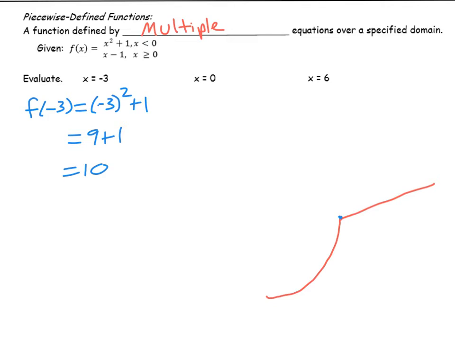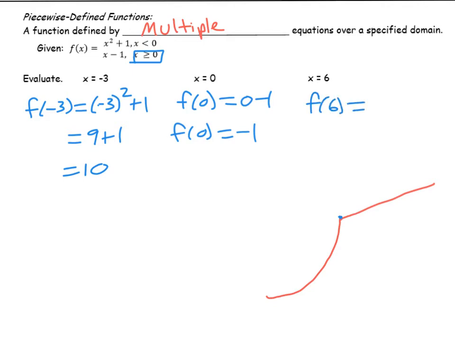You got to know when you have an x value, you're only putting it into one of those functions. You just got to figure out which one it is. If x was 0, I put it in the bottom one, as it says right here. If x is greater than or equal to 0, here's 6, that's positive. All positive x values are going into that line.